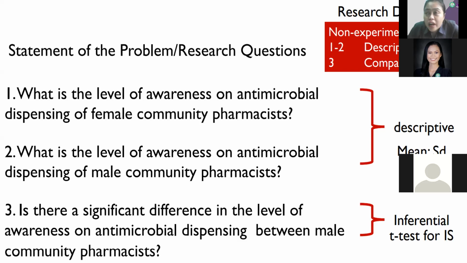And sa isang questionnaire, maraming questions. So, kapag nag-process tayo sa statistics, kukunin lang natin yung mean ng lahat ng questions doon sa questionnaire na yon. Kaya kung nakikita nyo, ang nakalagay sa numbers 1 and 2, descriptive statistics lang, mean and the standard deviation. So we are going to locate the center of the distribution through the mean, and we are going to check whether the collected data are precise or not.